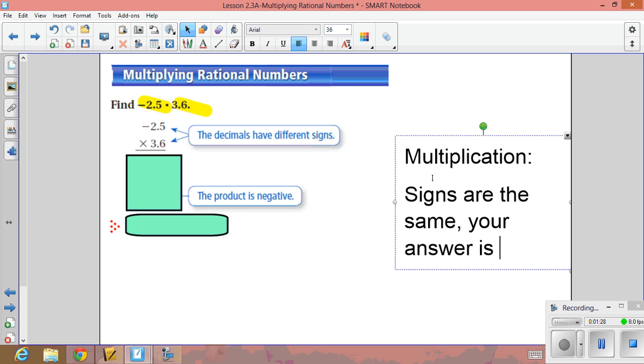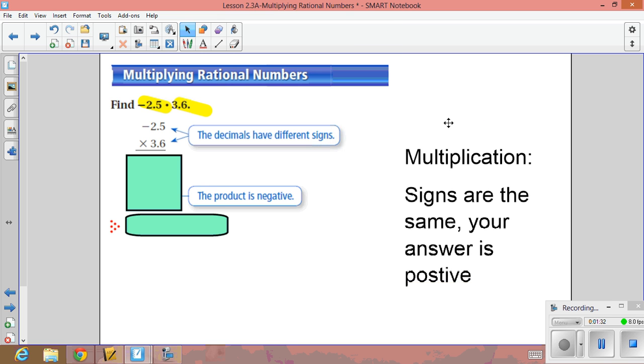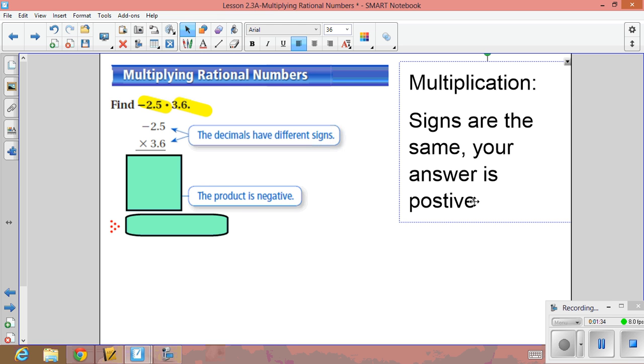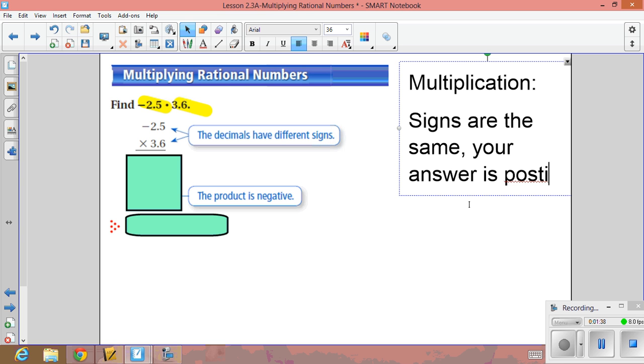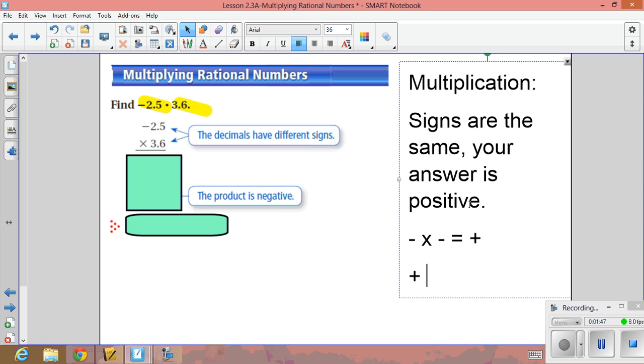Your answer is positive. Remember that means if I have two negatives, that still equals positive. Negative times negative equals positive, and a positive times a positive still equals positive. All right, this is just a review. We should know this by now.